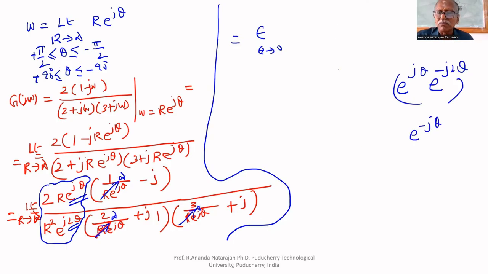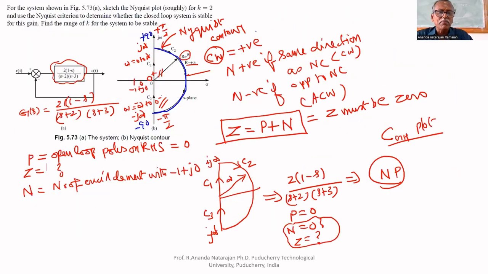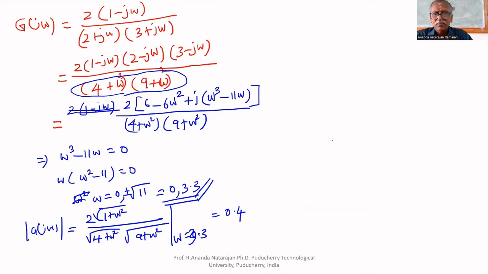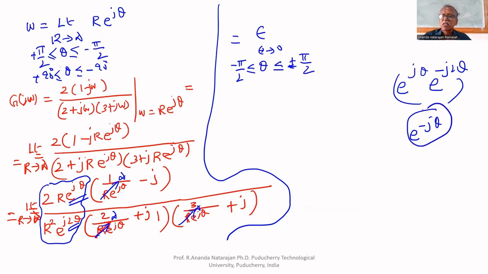So the angle varies from, what is the Nyquist contour angle? Pi by 2 to minus pi by 2. If you substitute here, minus pi plus pi by 2, it becomes minus pi by 2. Therefore, theta varies from minus pi by 2 to plus pi by 2, opposite because of this negative sign.